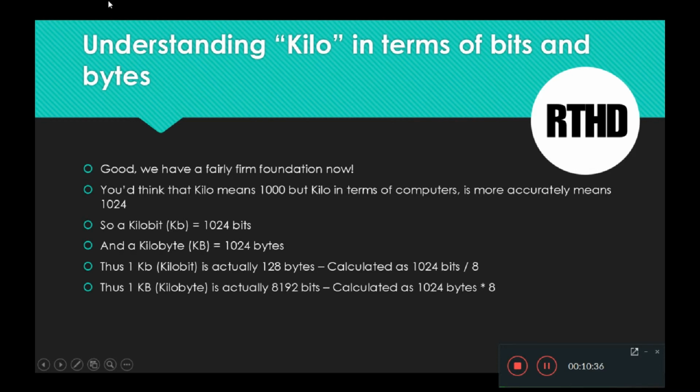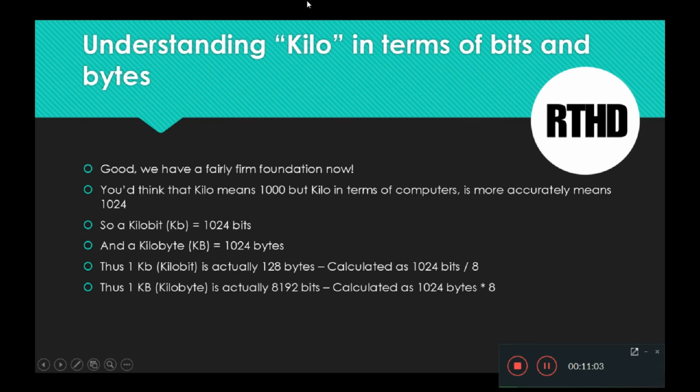And the same thing, very similar here, is 1 kilobyte is actually 8,192 bits. How did I get that? Well, I took 1024 bytes, because we know that 1 kilobyte is 1024 bytes. And then in order to get the bits, we actually have to multiply by 8, because we know that 1 byte is really 8 bits. And that's how we got 8,192 bits.